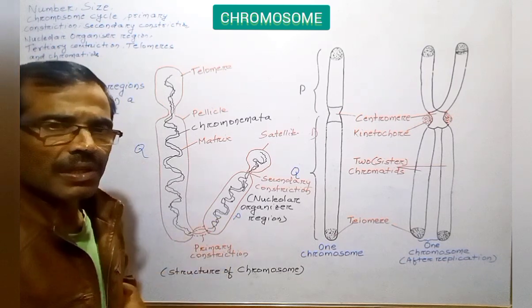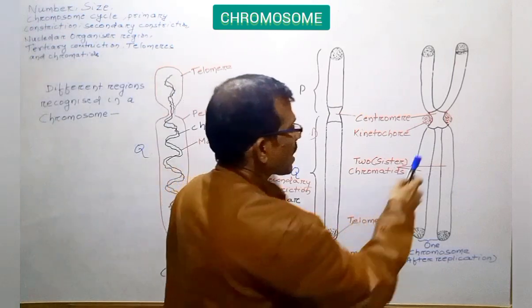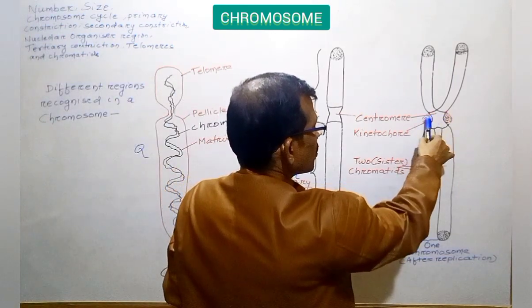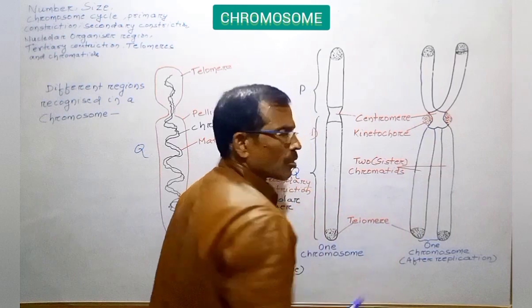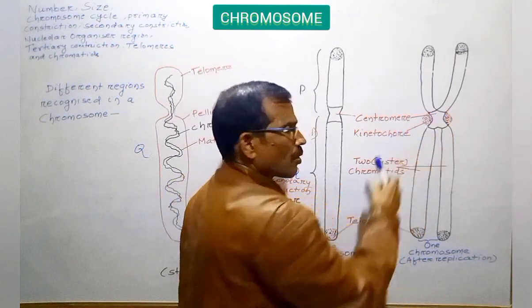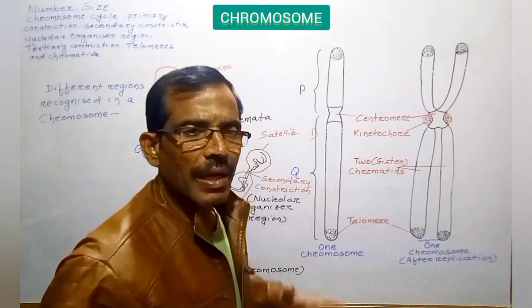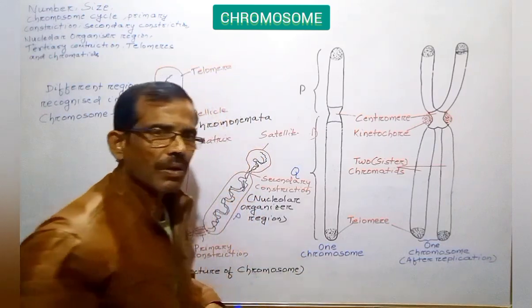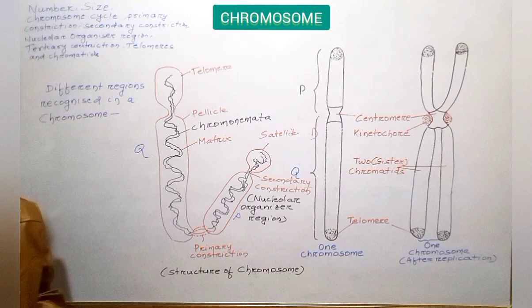Before cell division, a protein complex assembles on the centromere on each side of the chromosome. This protein complex is called kinetochore, which remains attached to spindle fiber during cell division.